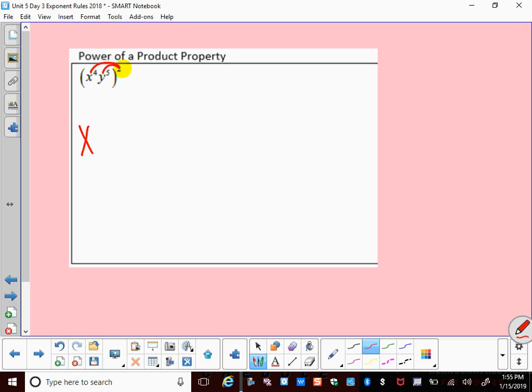Nope, you don't add them. You multiply them. So what's 4 times 2? 8. And then we have y. What's 5 times 2? 10. I don't have the same base, so I can't combine those two. I have x and y. But what if there was a 5 in front of the x to the 8 and y? Well, then it would go to the 5 as well.